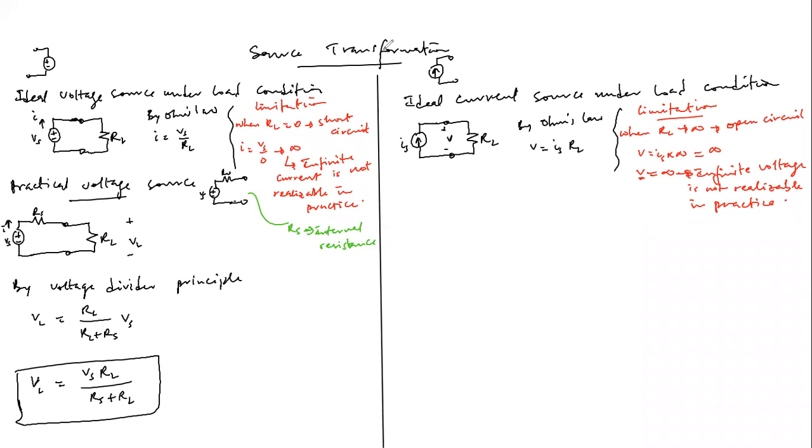So that brings us to the practical current source model. Then we have something like this. RS. Okay, and here RS is the internal resistance.